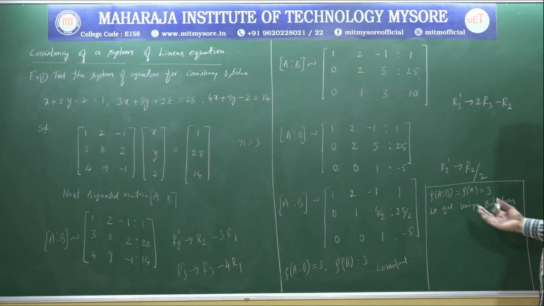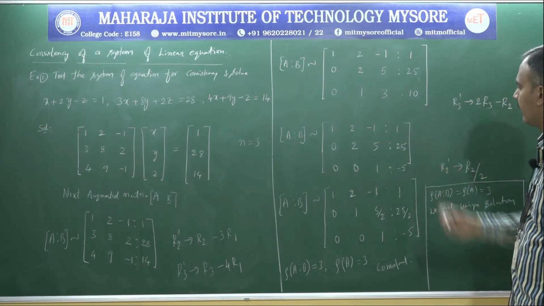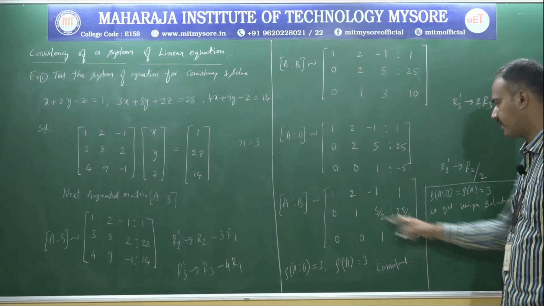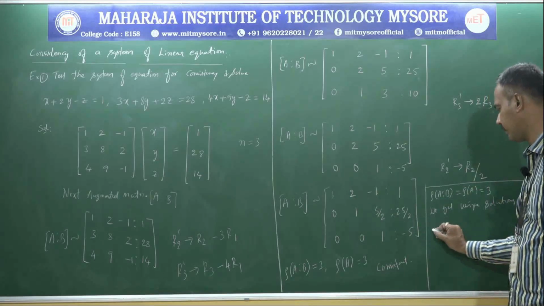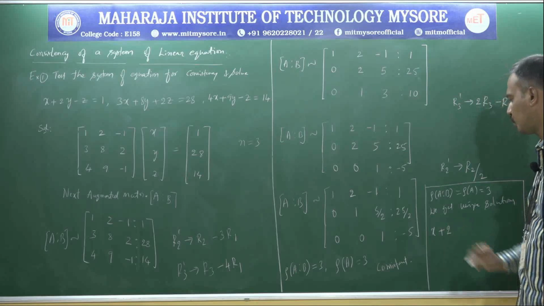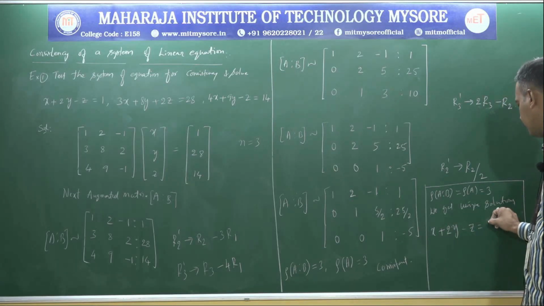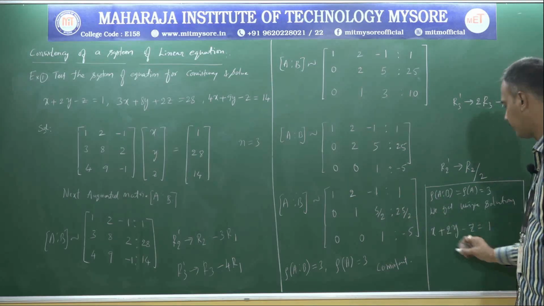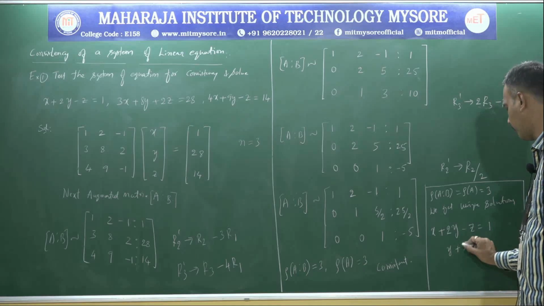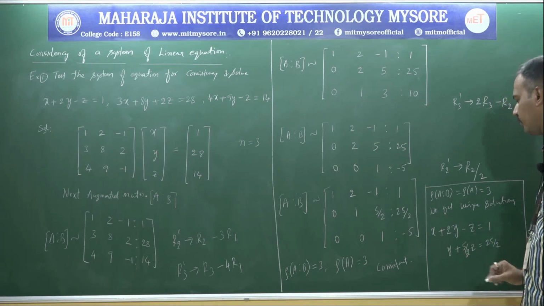Now, how do we get the unique solution? We can represent it in equation form: x plus 2y minus z is equal to 1. Next, y plus 5 by 2 z is equal to 25 by 2.